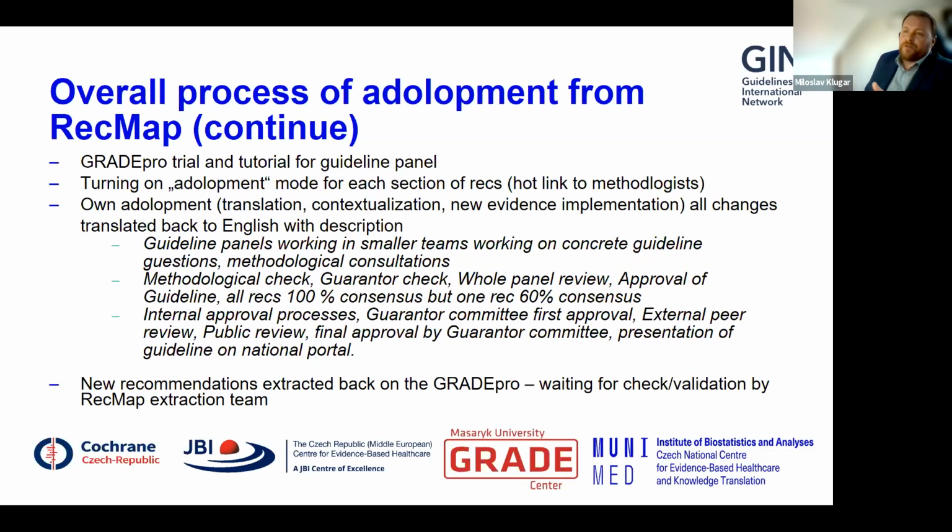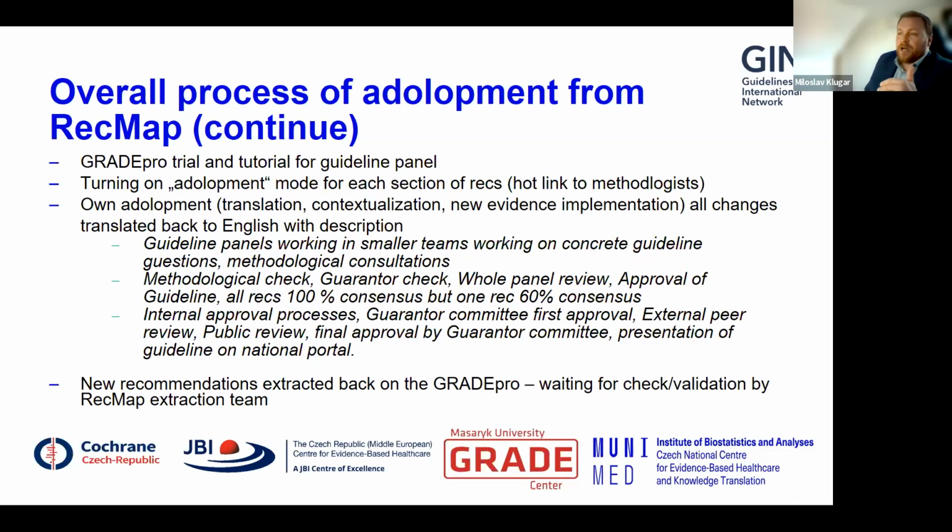After the whole panel review, there was approval of the guideline for all changes and adaptations which were done. All recommendations reached 100% consensus, but one recommendation which reached 60% consensus. Internal approval processes, we have several, as I showed, quite complex and robust processes.